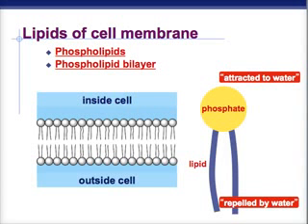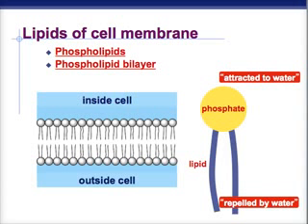That's what the cell membrane is composed of. The membrane is made up of a special kind of lipid called phospholipids, which literally means split personality. And it is a double layer, which is called the phospholipid bilayer. There's a side that is attracted to water, which is your phosphate side, and a side that is repelled by water, which is your lipid side.